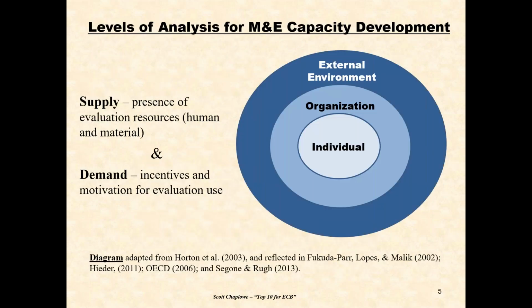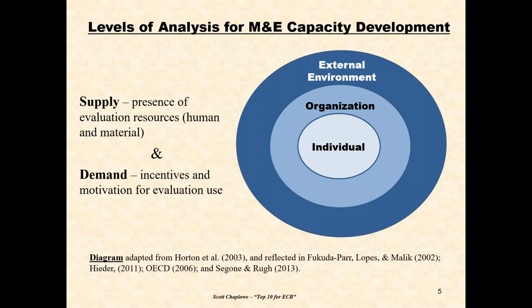And one of the most common conceptual frameworks that can be used to look at M&E capacity development, for that matter, just capacity development in the international development or humanitarian response context, is what's showing here.